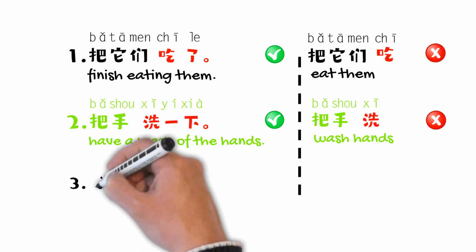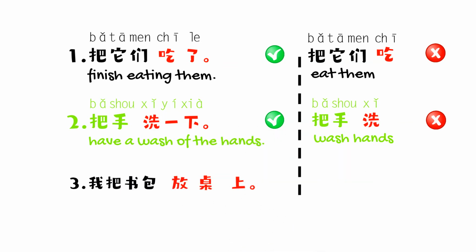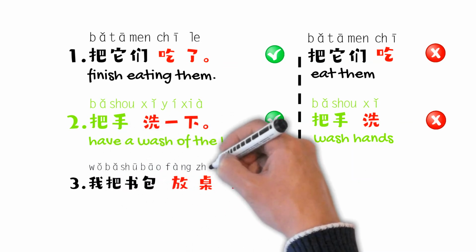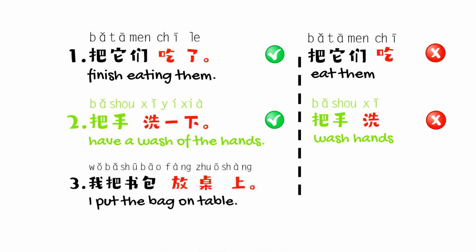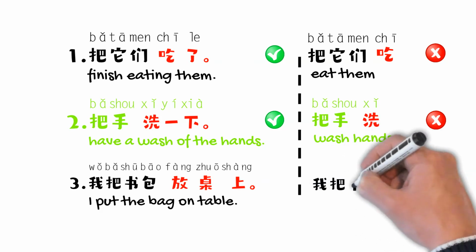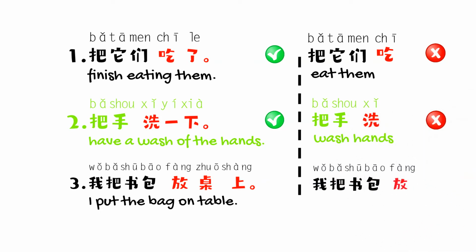Example number 3. 我把书包放桌上, I put the bag on the table. And we have a similar sentence 我把书包放, which means I put the bag.